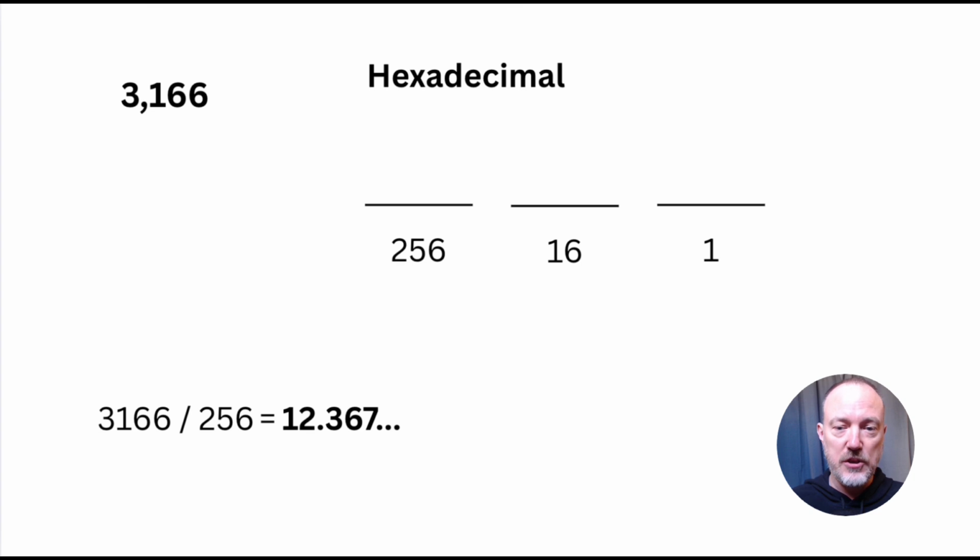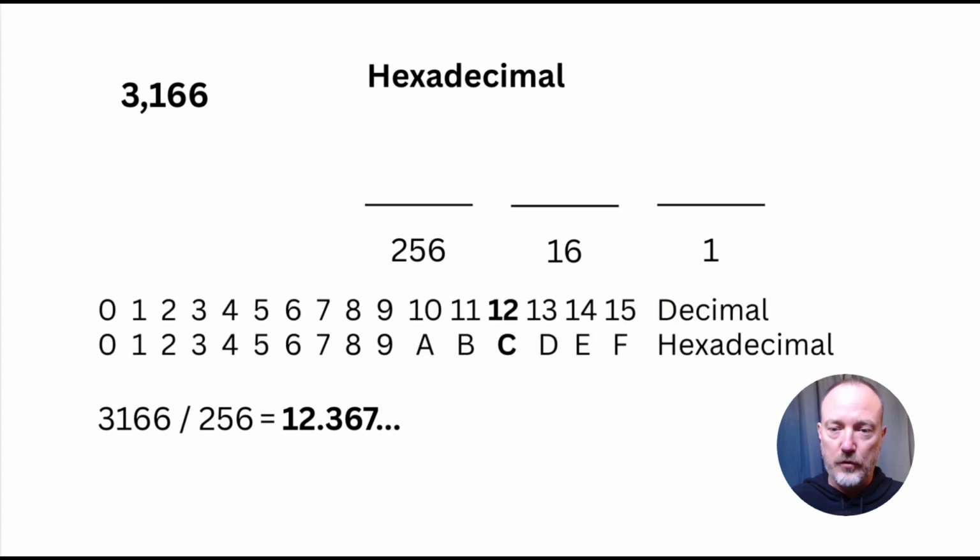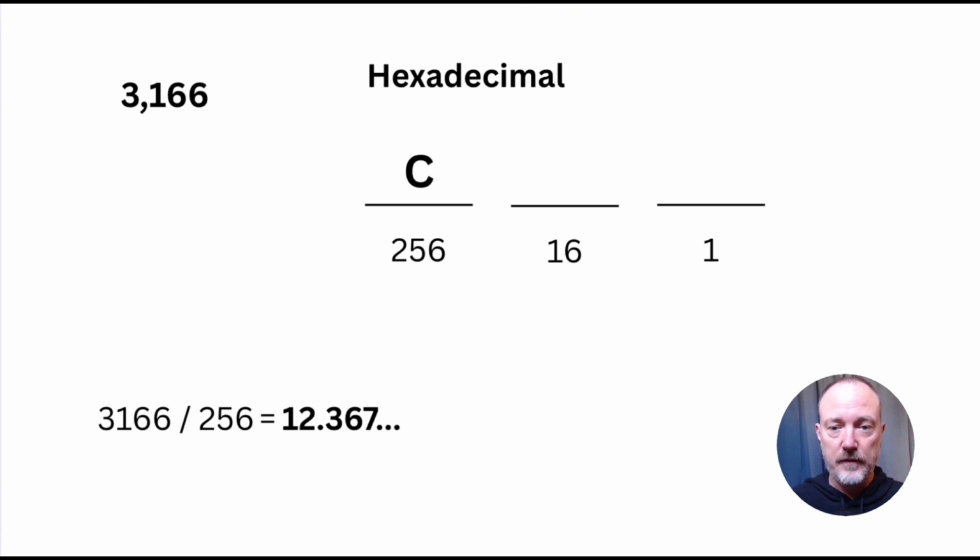So we know that there are 12 256s inside of the decimal number 3166. So we check our conversion here, and the decimal 12 is represented by a hexadecimal character of C. So that's what we put in the 256 place because we have C 256s. So there we have a C in the 256 place.